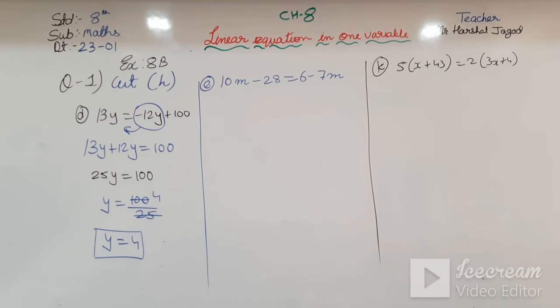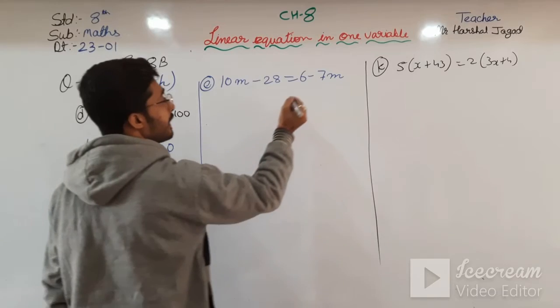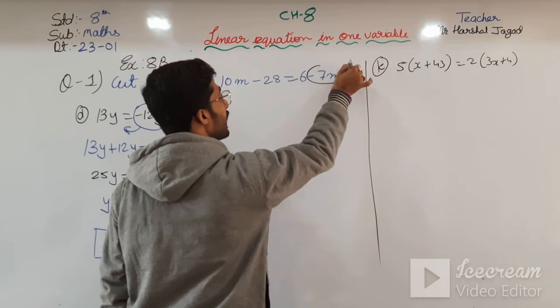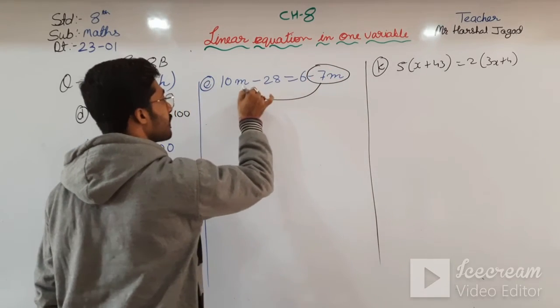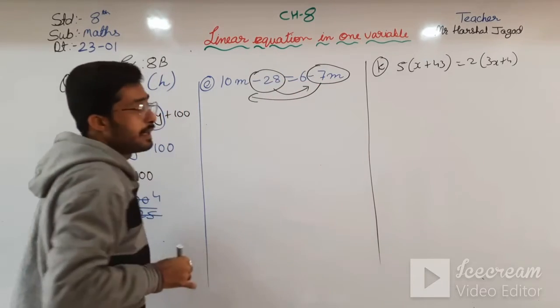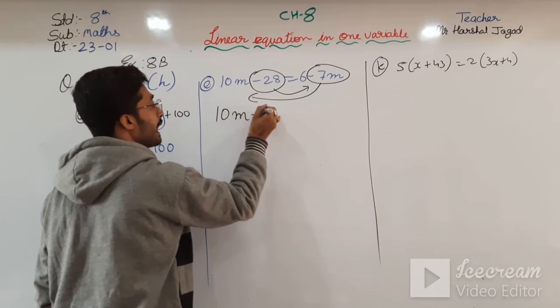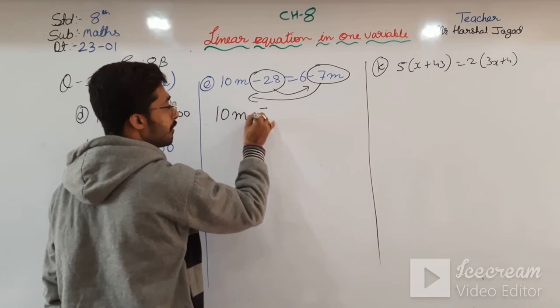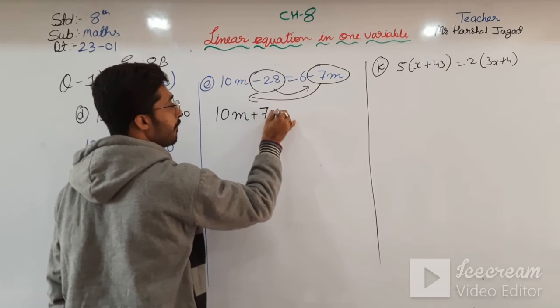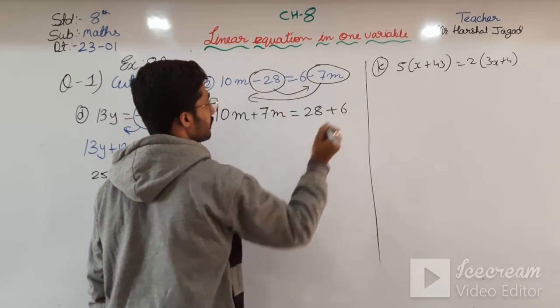And then after doing the e, if I take this minus 7m towards this side and minus 28 towards this side, then I can write 10m, minus minus becomes plus 7m, is equal to 28 plus 6.